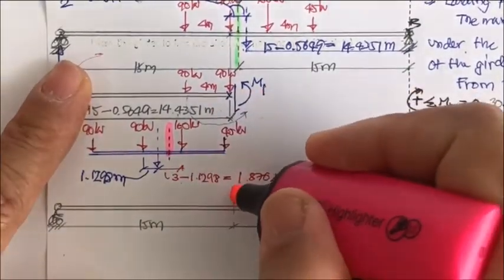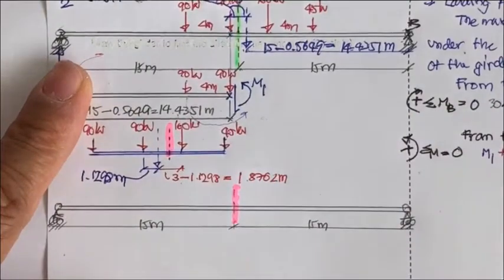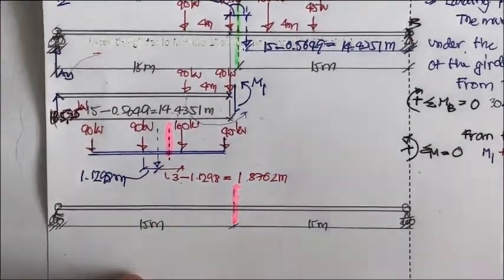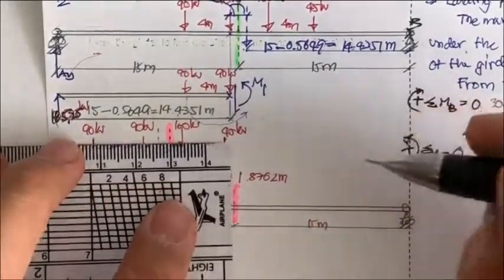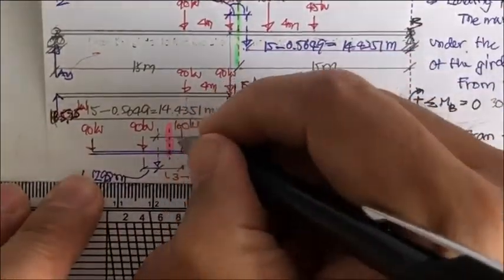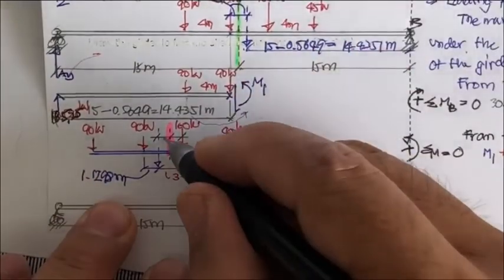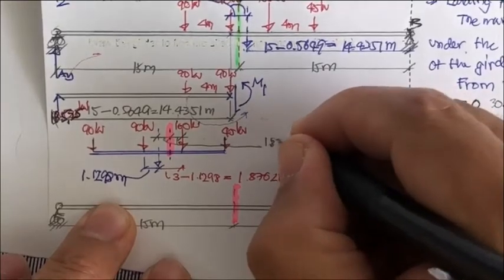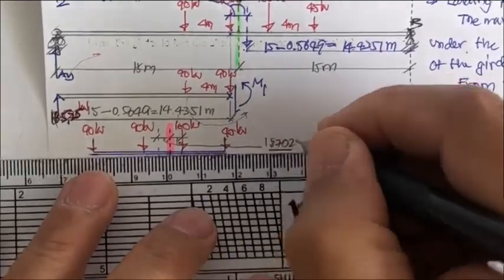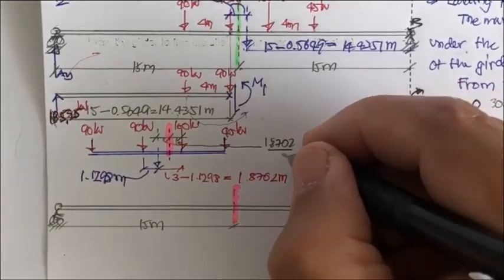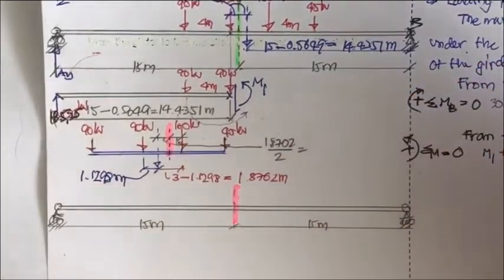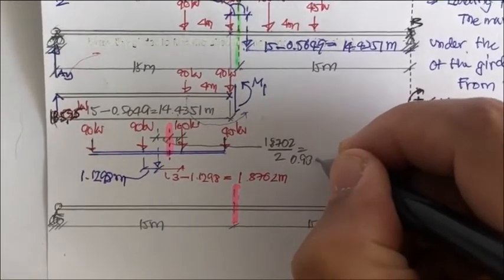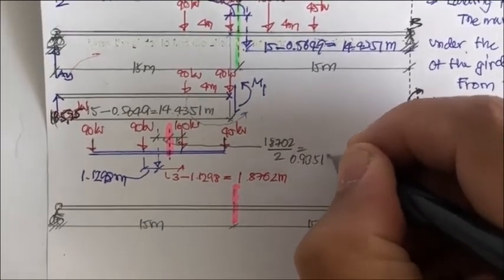So put this load into this one, and you may see that when we divide this portion, this is going to be what? This is going to be 1.8702 divided by 2, and then we get this for 0.9351 meter.